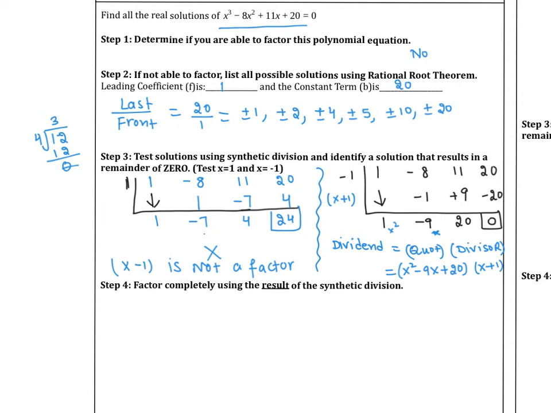So we got the two factors right here: x plus 1 times x squared minus 9x plus 20. So again, what we did here, we had this cubic polynomial. We broke this cubic polynomial into two factors, that is x plus 1 times x squared minus 9x plus 20.